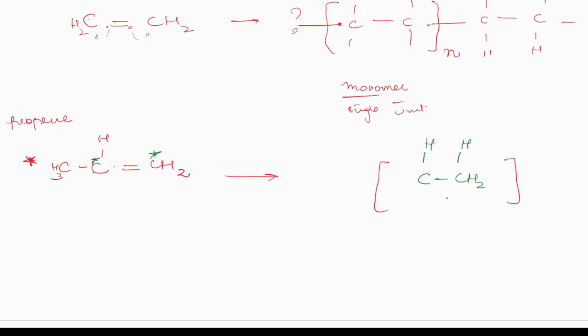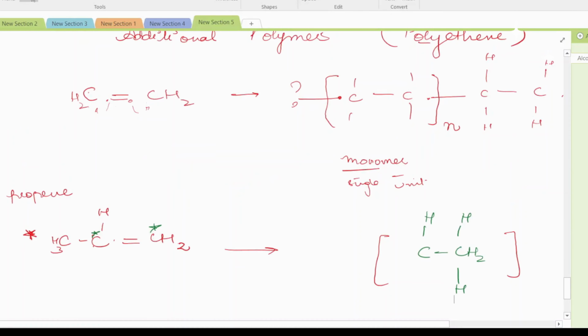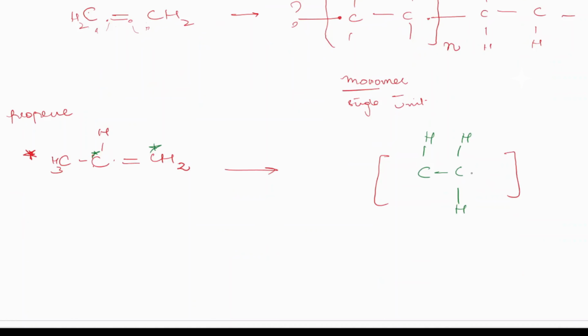Let me make an expanded form of the structure. This would be repeated. This bond would be there in a polymerization. Here we have another bond which would be included in polymerization.